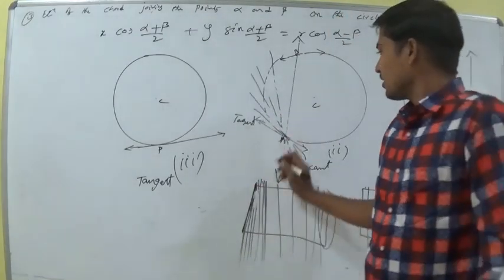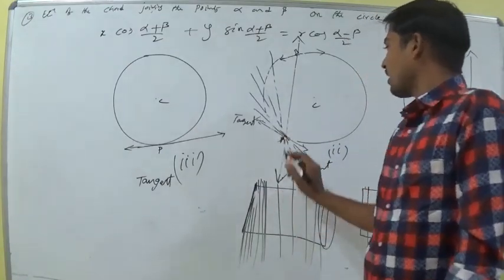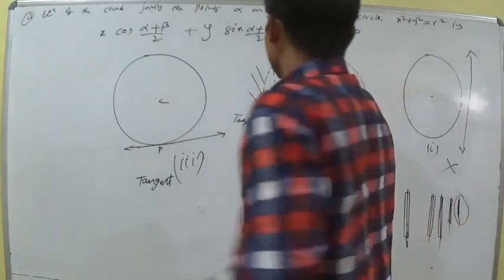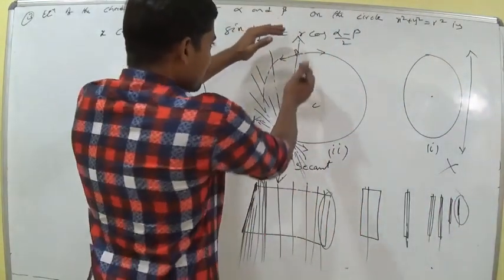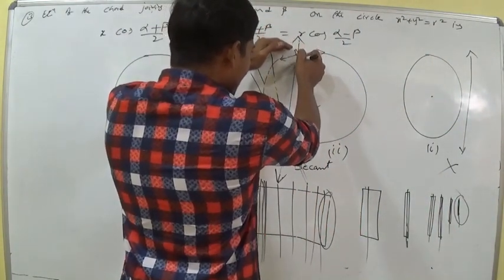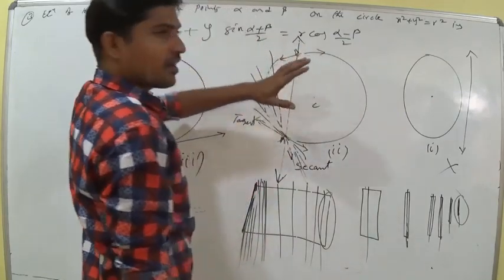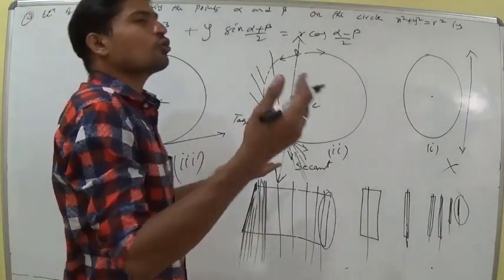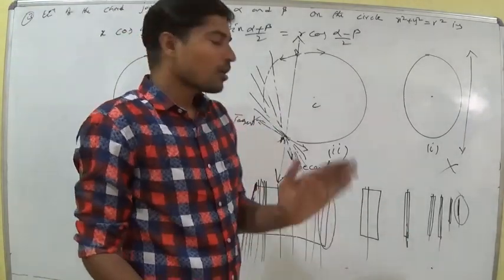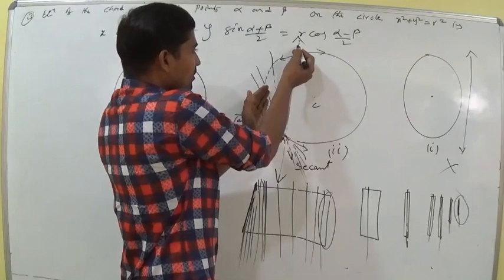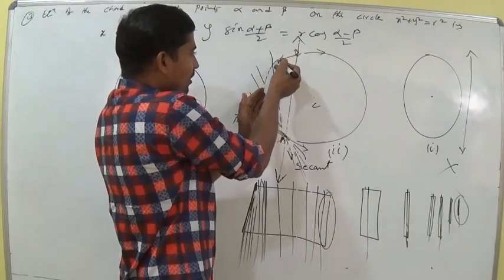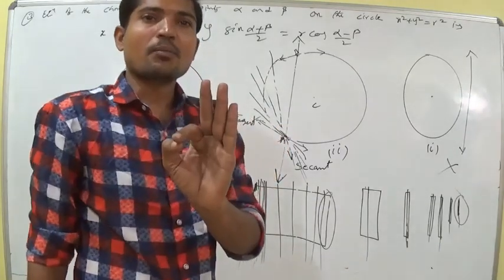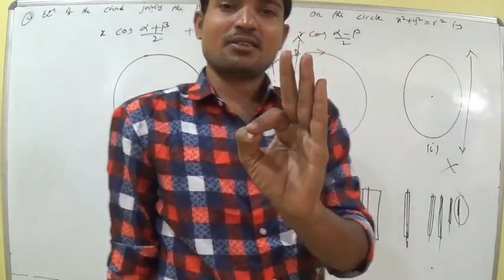That means the circle and the line have only one common point. This secant divides the circle into 2 parts. Here B is moving towards A, that means that's a limit.